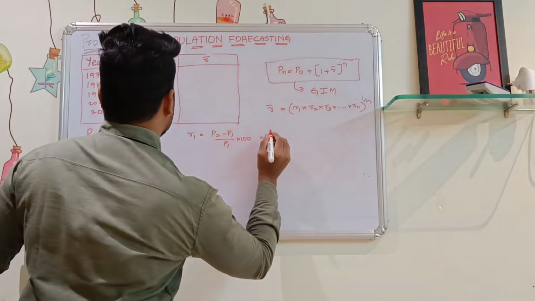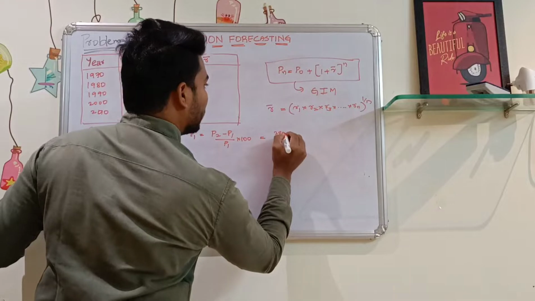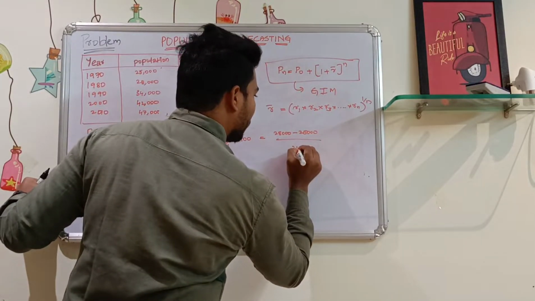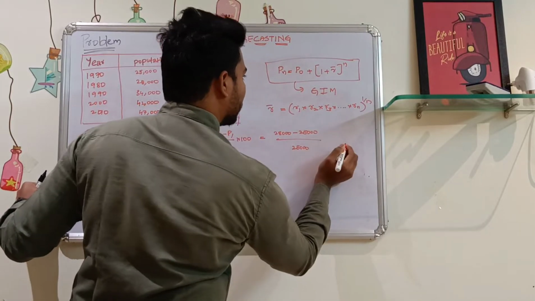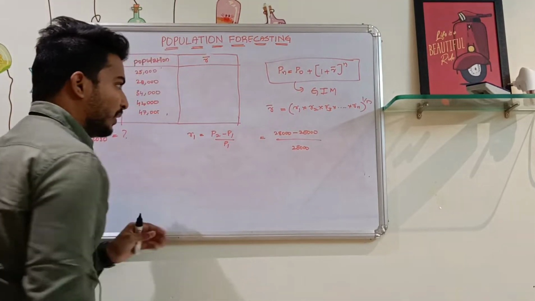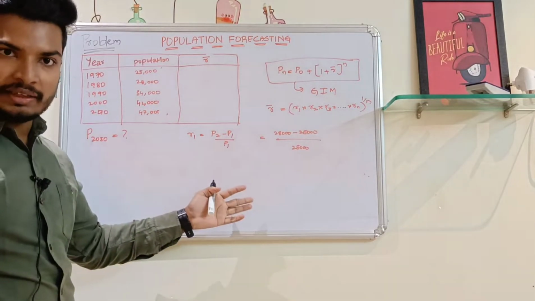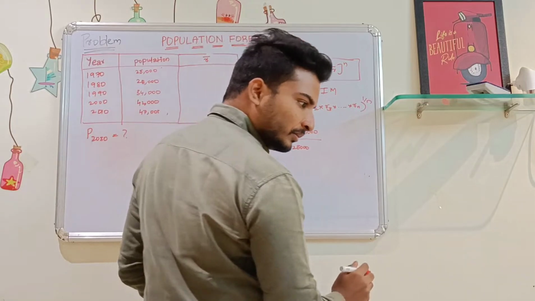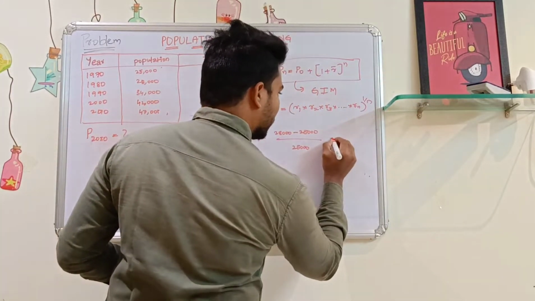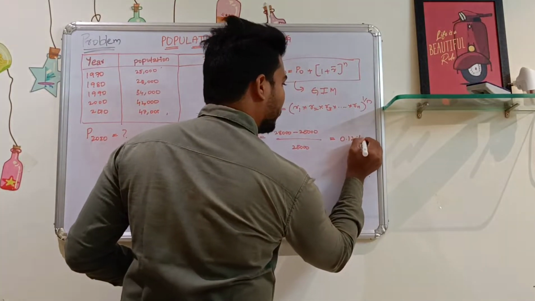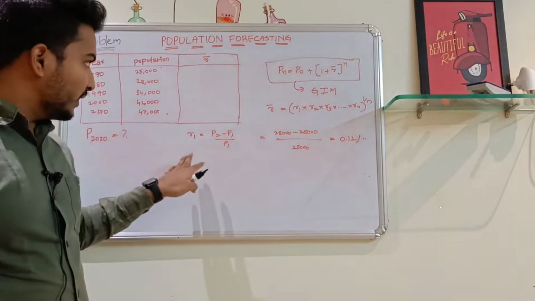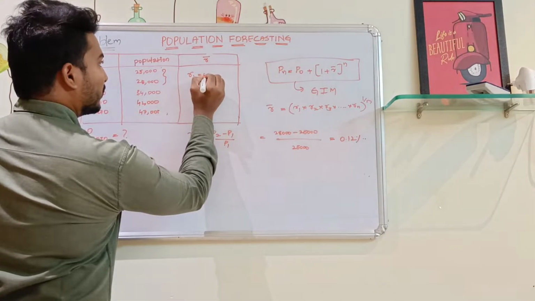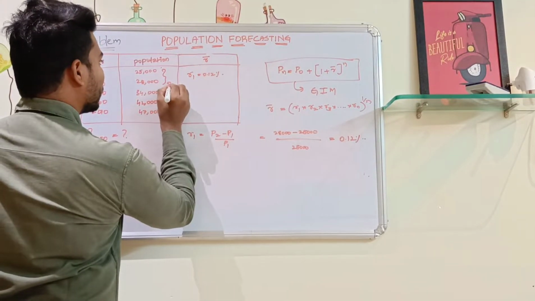So here, 28,000 minus 25,000 by 25,000 gives R1 equal to 0.12%.